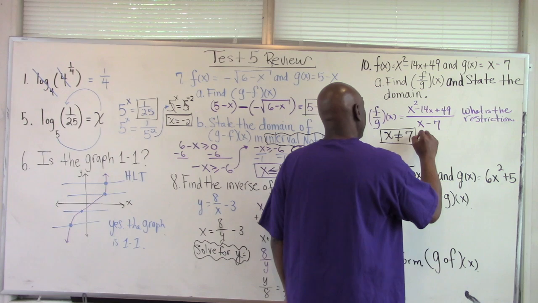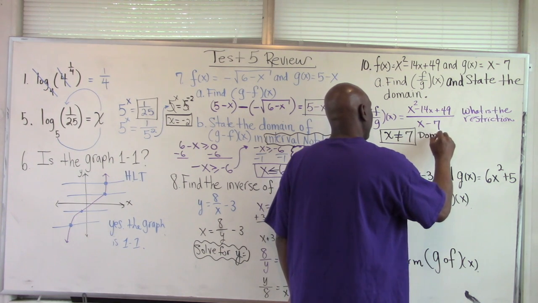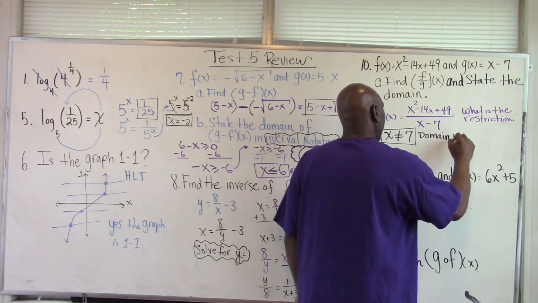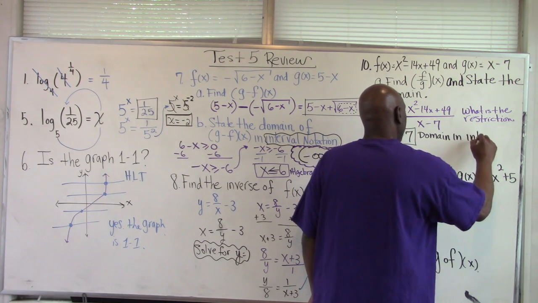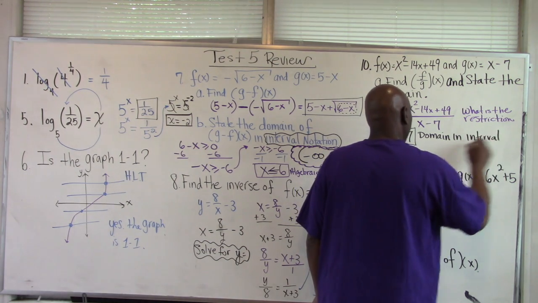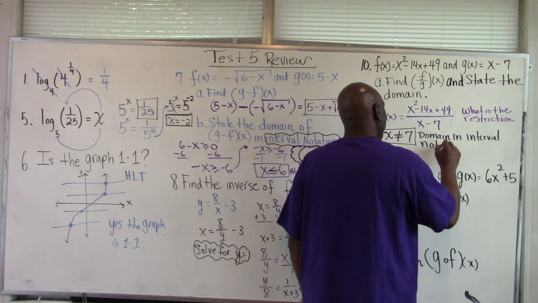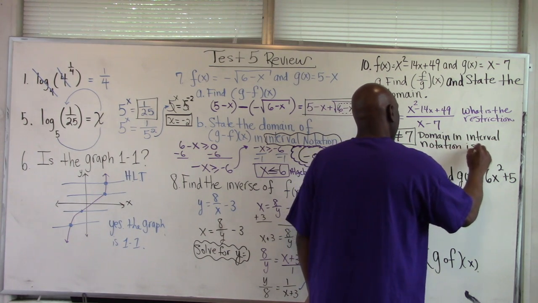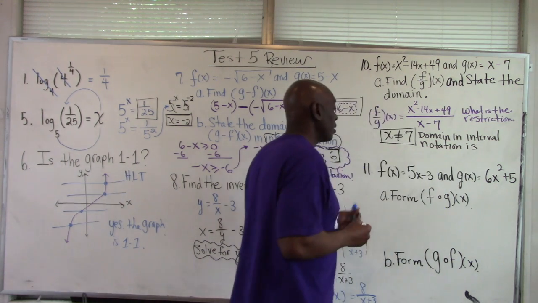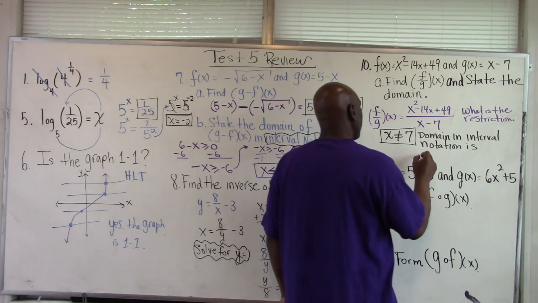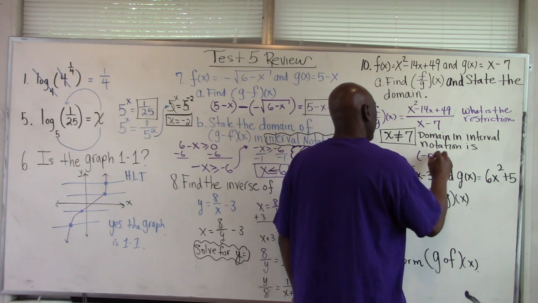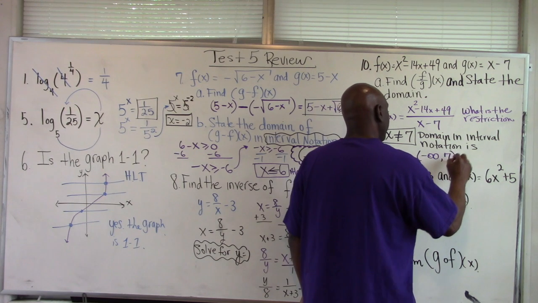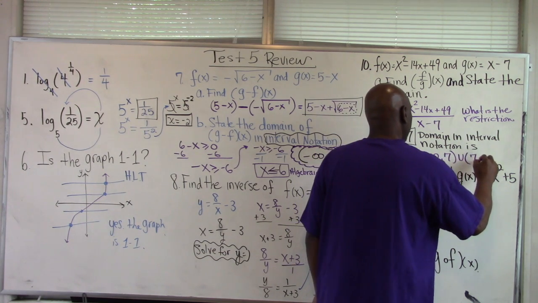So my domain in interval notation is, here we go, it's going to go from negative infinity over to 7, union 7 to positive infinity.